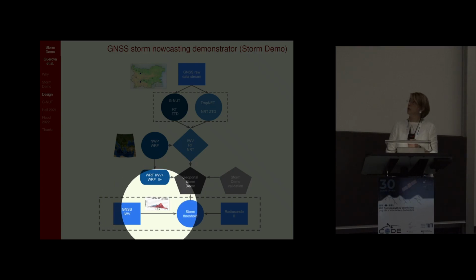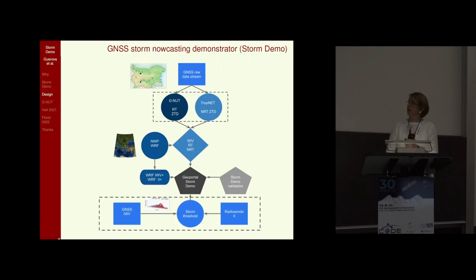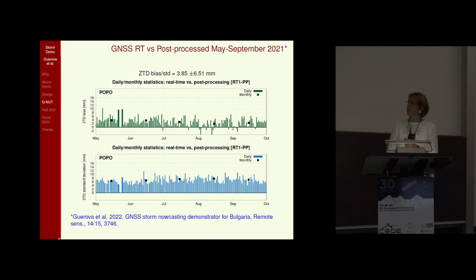And then, using the weather model, we compute the integrated water vapor from GNSS. Then this data is posted on a publicly accessible geoportal. We also did time series analysis to derive integrated water vapor, and I'm going to tell you more about the storm threshold which we have on the demonstrator here on the web portal.